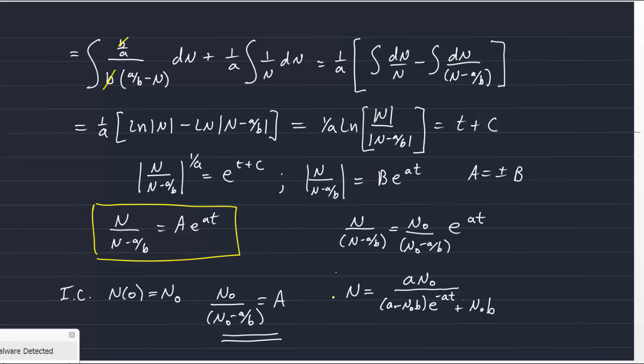And that is our solution, with our initial condition being defined at t equal to 0. This is our final solution.